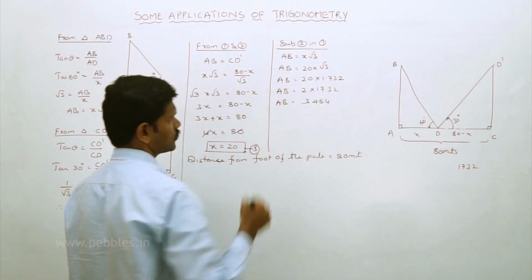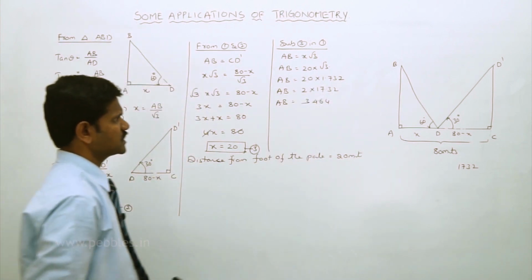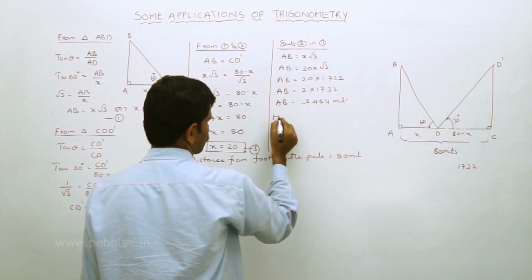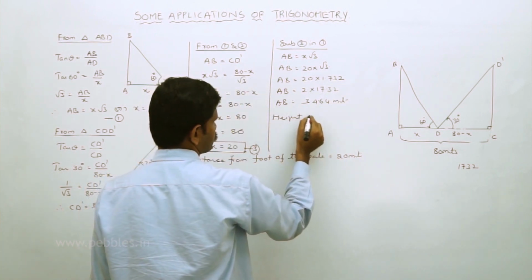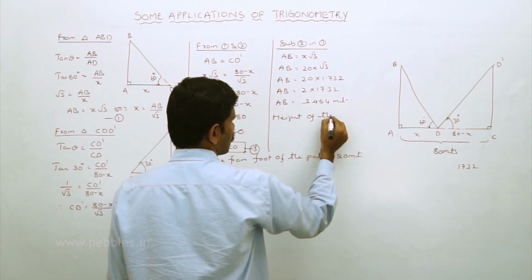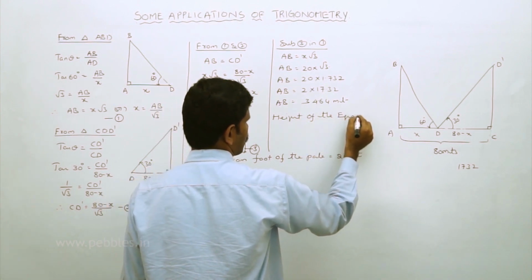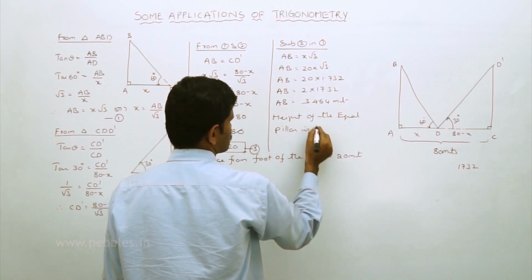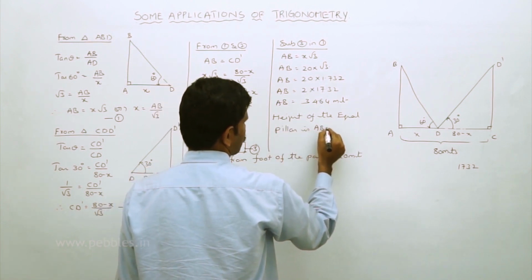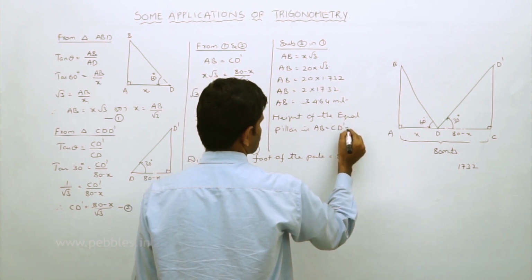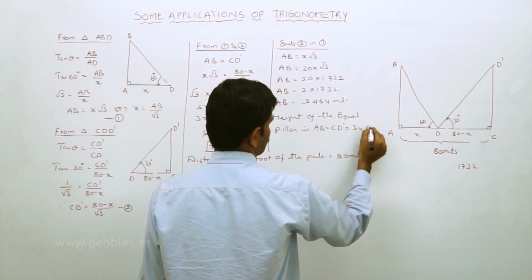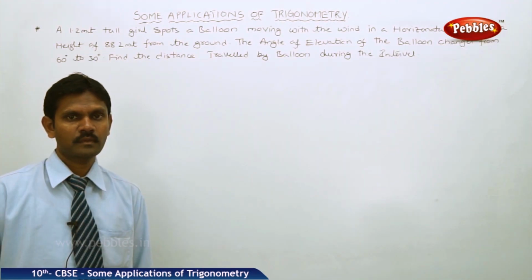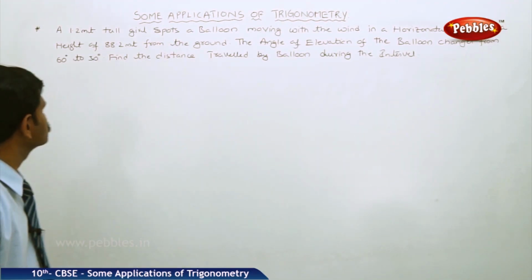Point after 2 decimal places. Therefore, the height of the equal pillar, AB is equal to CD dash, is equal to 34.64 meters. Let us see the next example.